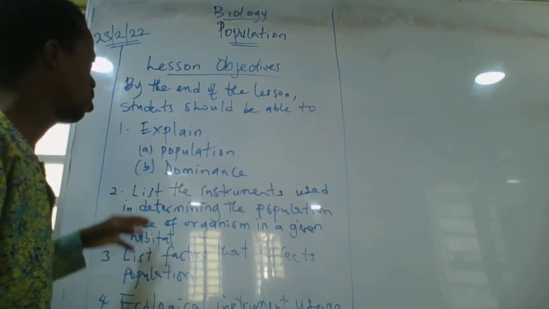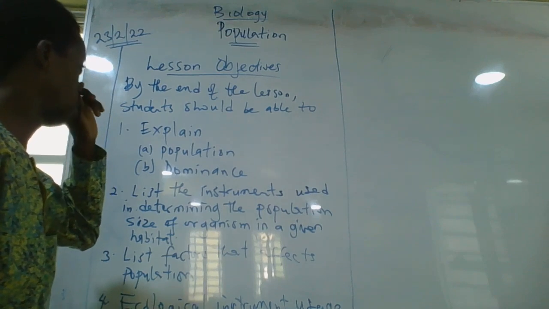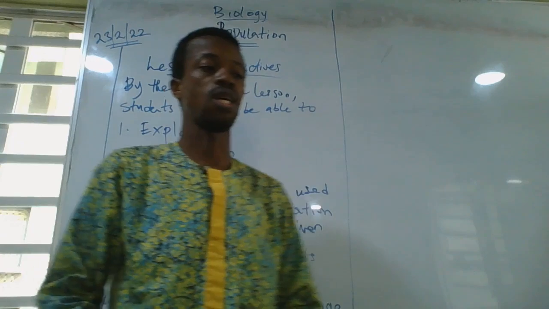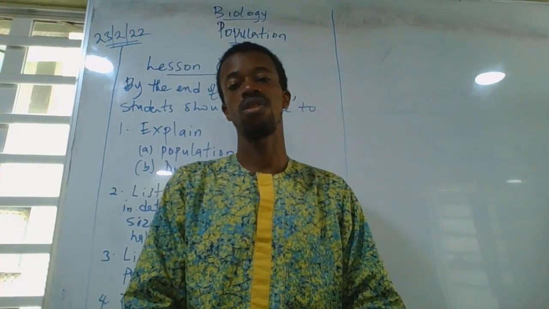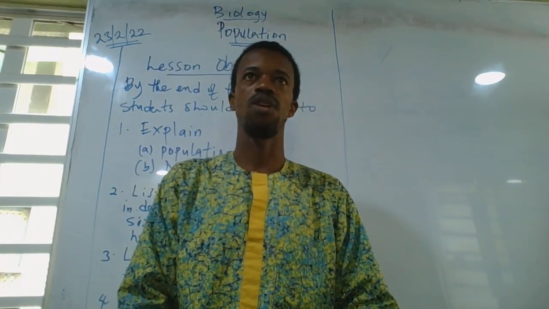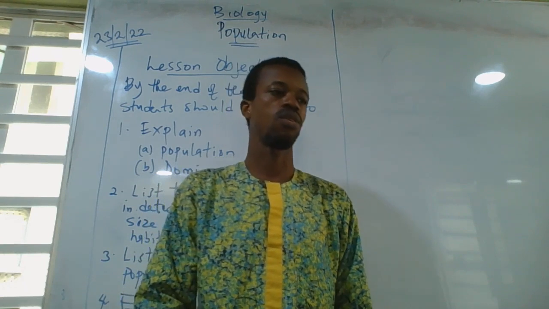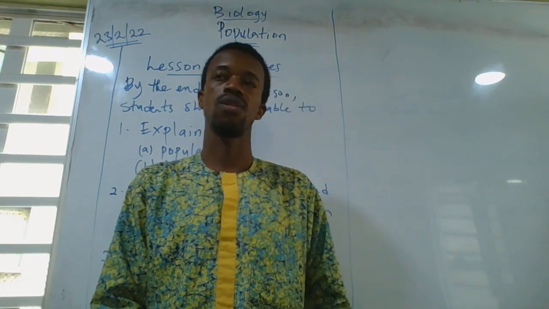So to start with, I will give us the meaning of population. Population has to do with the number of organisms. It might not be people, it might not be human beings only; consider any living creature that surrounds a given habitat.